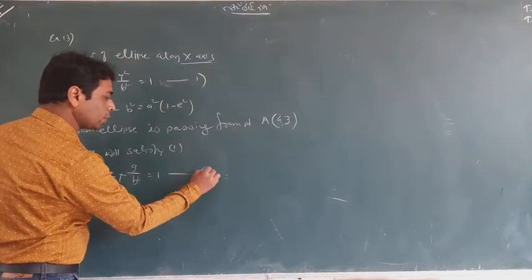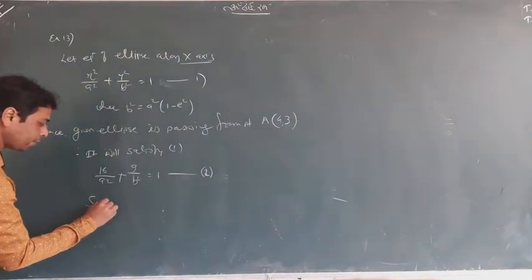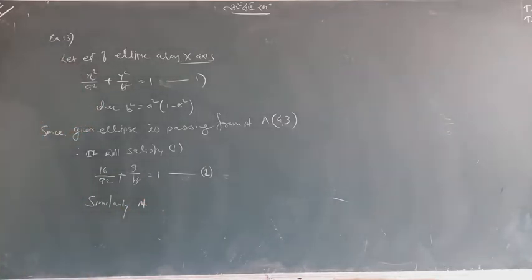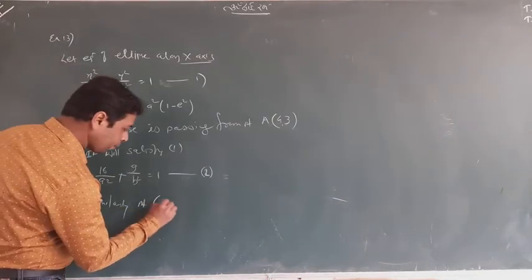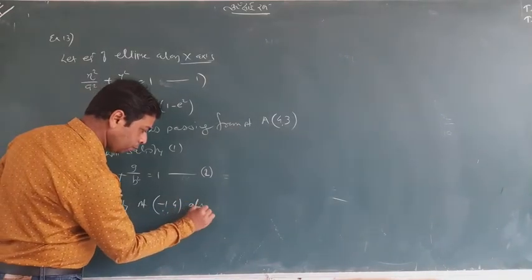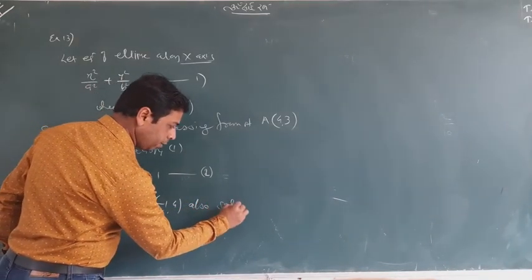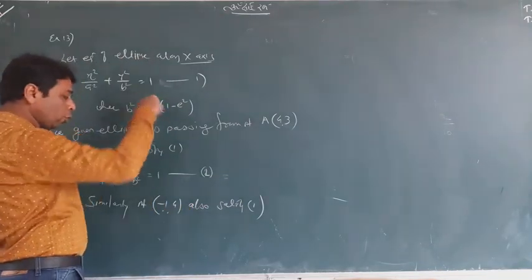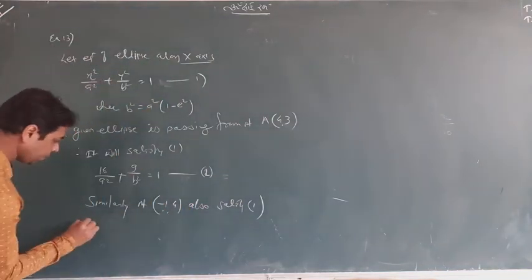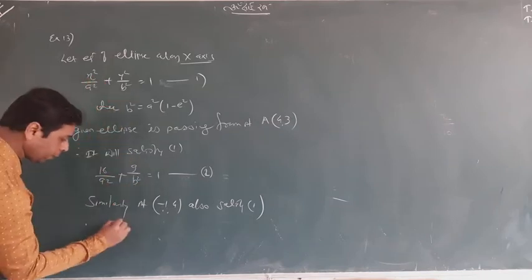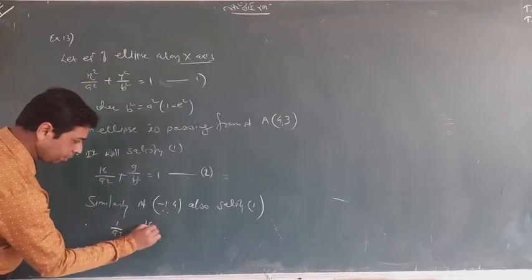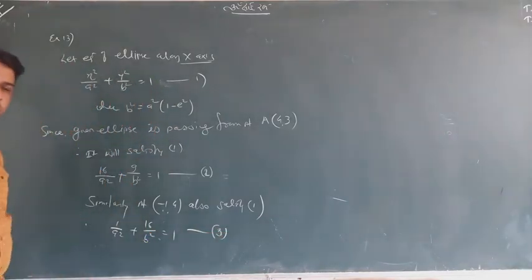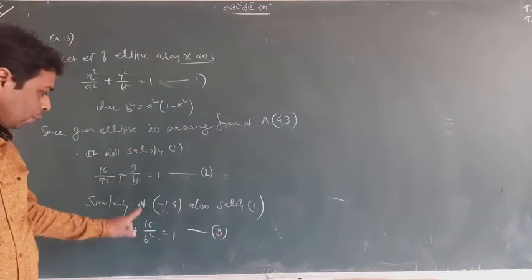We have got the first equation. Similarly, I will write the next point, (-1, 4), also satisfies the equation. Why? Because this ellipse is also passing through this point. So what will you get? Minus 1 square is 1, so 1 by a square plus 16 by b square equal to 1. That's equation 3. So now I will solve these two equations.